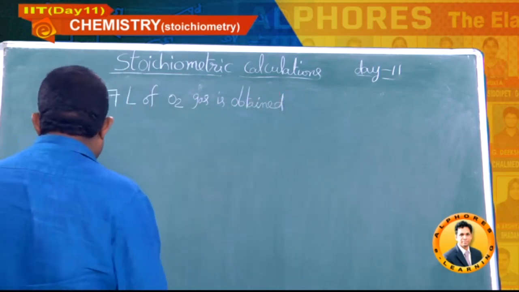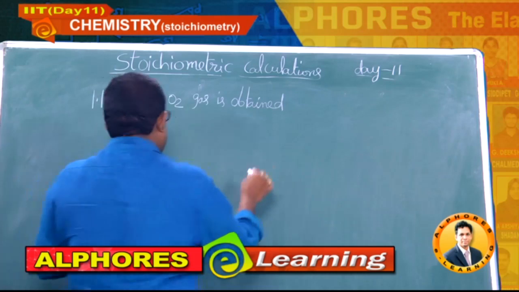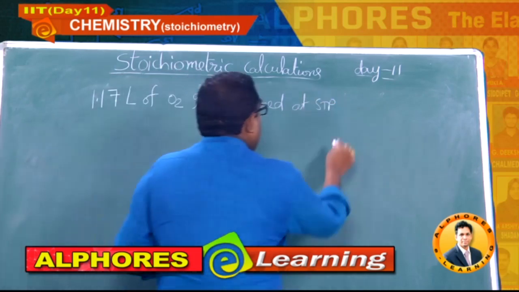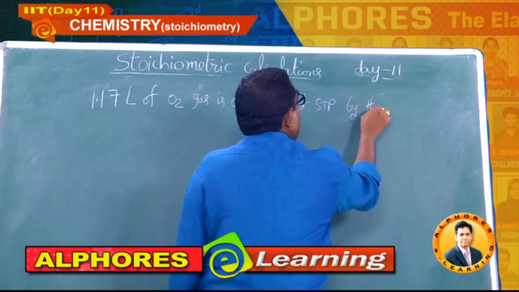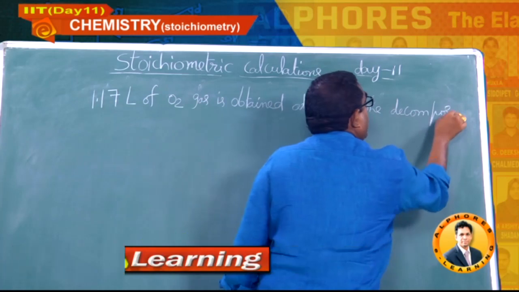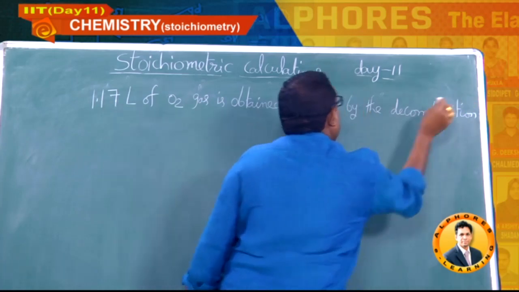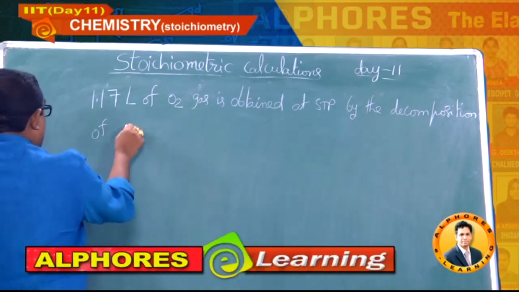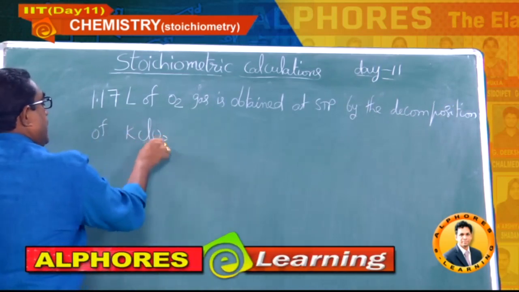1.17 liters of oxygen is obtained at STP by the decomposition of potassium chlorate, KClO3.